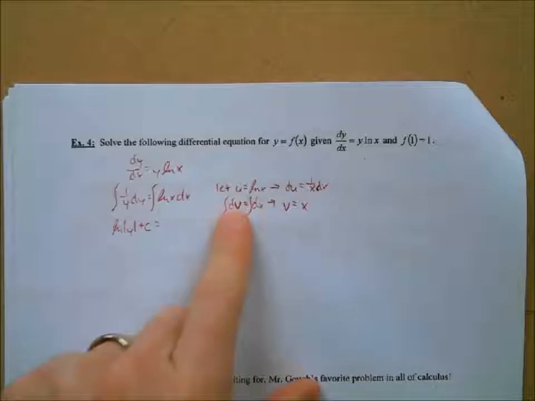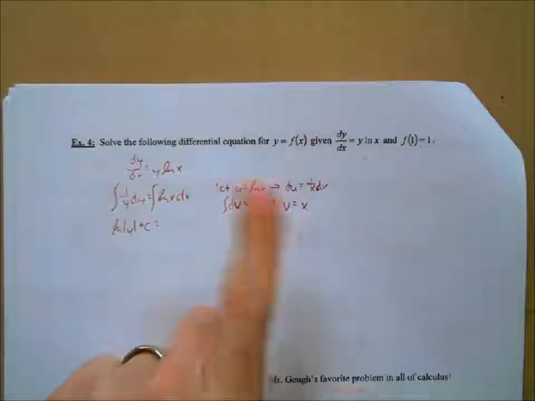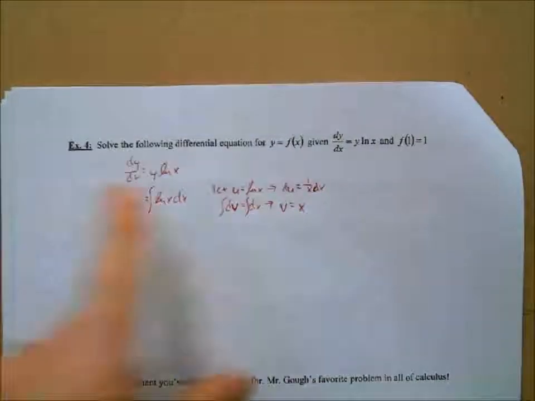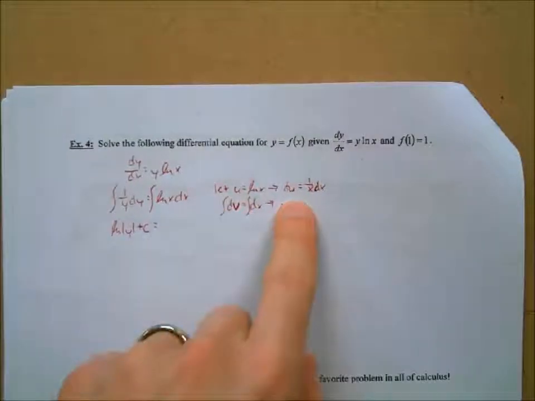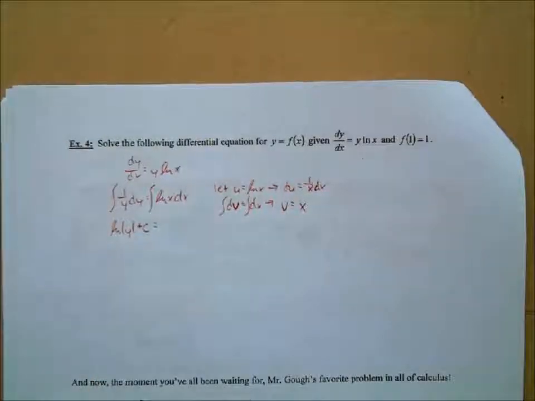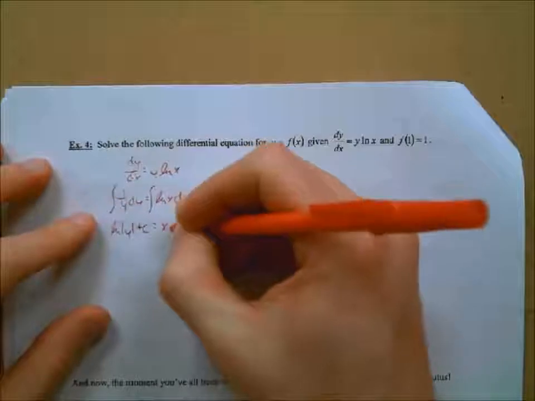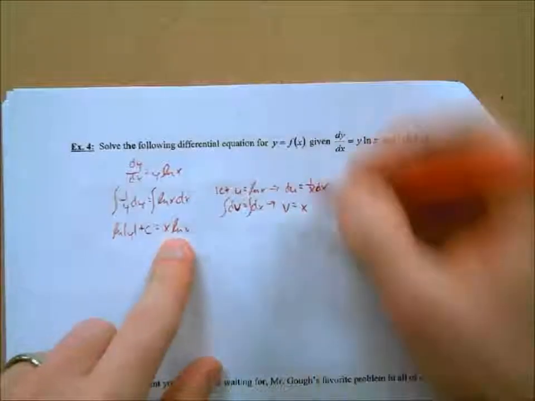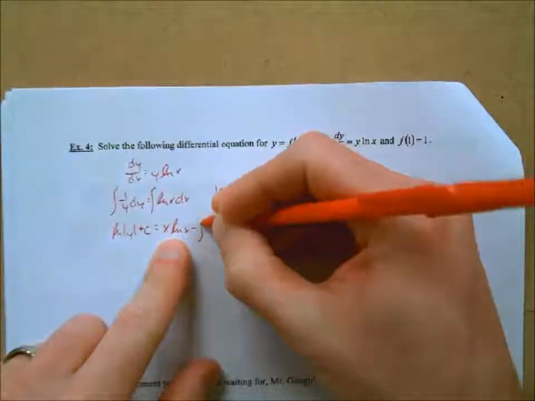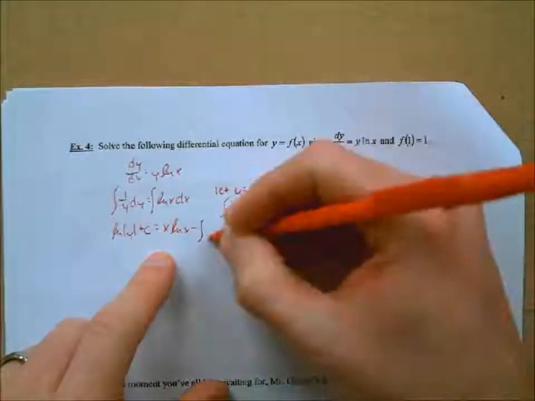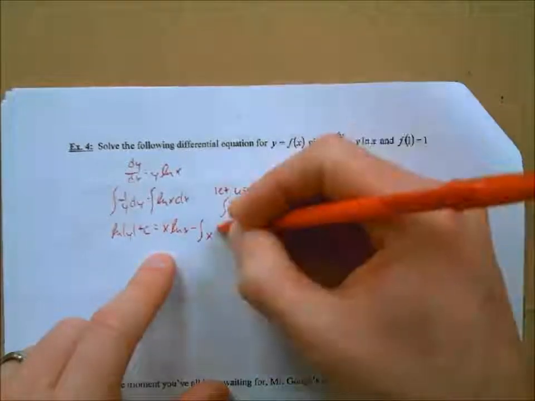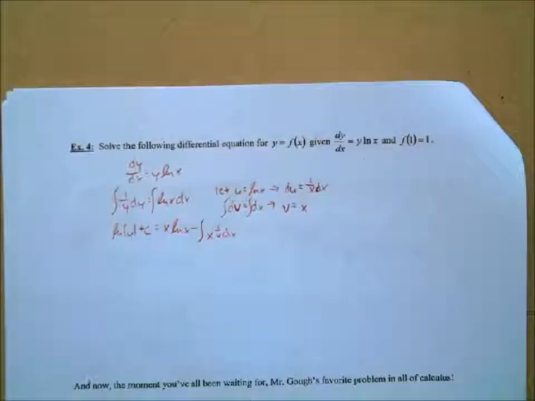Anyway, we've got u equal to ln x there. dv was equal to dx, from what's left over. So then du would be 1 over x dx, and v is x. So we'll go ahead and do our uv, which will be x ln x, minus the integral of v, which is x, and then du, which is 1 over x dx.